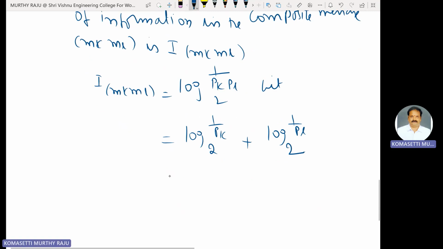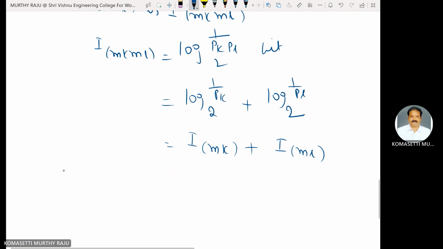Log 1 by P K base 2 is the information content of the kth message, that is I of M of K. Log 1 by P L base 2 is the information content, or the amount of information, in the Lth message, that is I of M of L. Therefore, finally, these two messages are independent of each other, so the total information carried by that composite message is the sum of the information conveyed by each of the two messages.